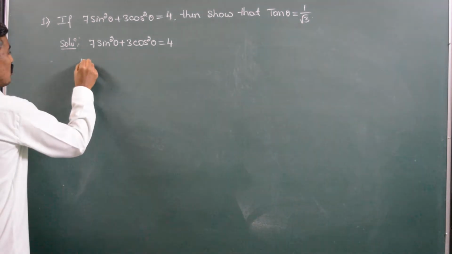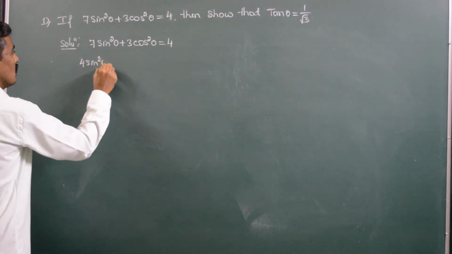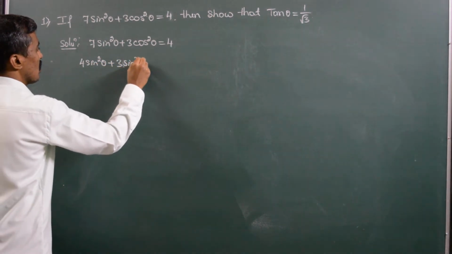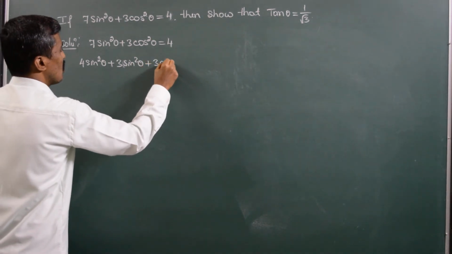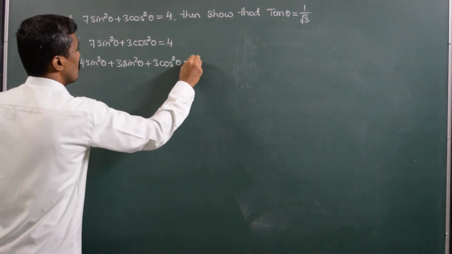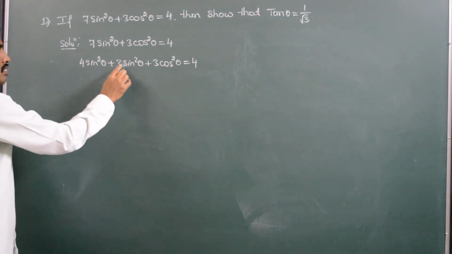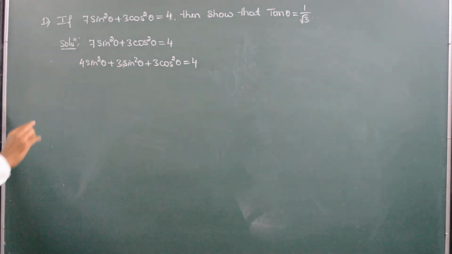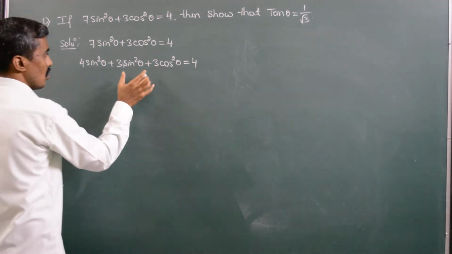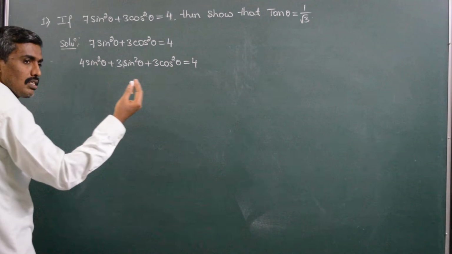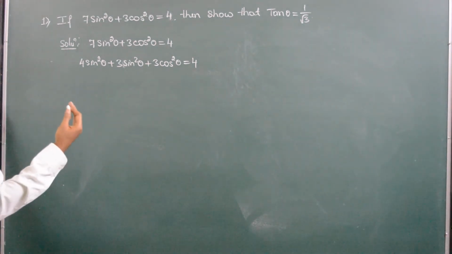So 4 sin square theta plus 3 sin square theta plus 3 cos square theta is equal to 4. Here 4 sin square theta plus 3 sin square theta is 7 sin square theta. Now in the two terms 3 sin square theta plus 3 cos square theta, there is a common term. What is the common term? 3.